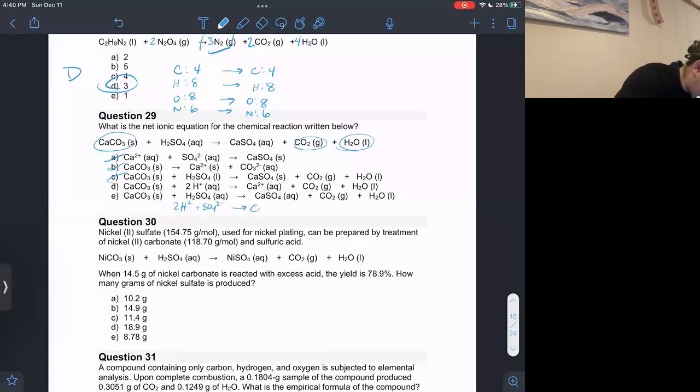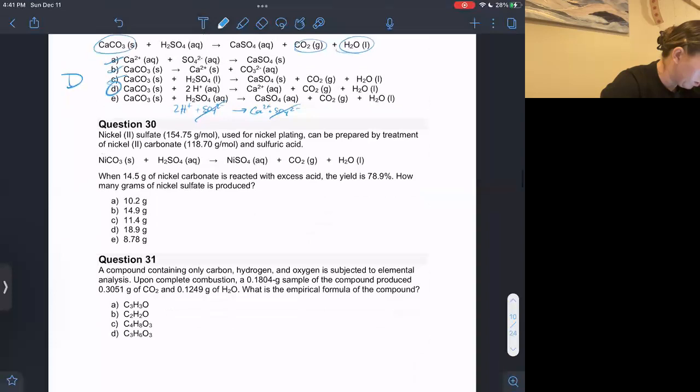And then this will go to calcium 2 plus and SO4 2 minus. So SO4 2 minus is going to cancel out. That's not going to be in our overall equation. So yeah, I think it's just D. I like D, because then it has all of our solids, gases, and liquids in there, and it shows the hydrogen ion and the calcium ion are actually breaking apart and dissolving. Okay, I like that. Yep, SO4 is just a spectator ion. I think that looks good there.